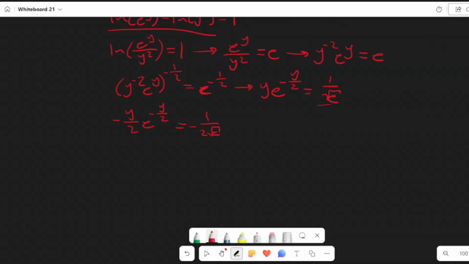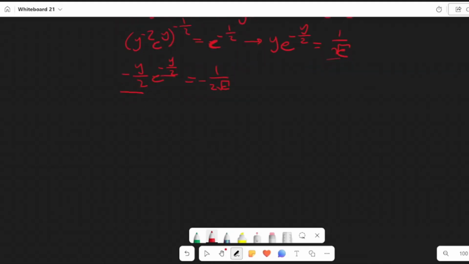So here you'll see that we have the same expression in the multiplication and the exponent, so we can use the Lambert W function on both sides to isolate the negative y over 2 term. So we get the Lambert W of -1 over 2 times the square root of e. And what we do next is just multiply everything by -2. So we get y being equal to -2 times the Lambert W of -1 over 2 times the square root of e.